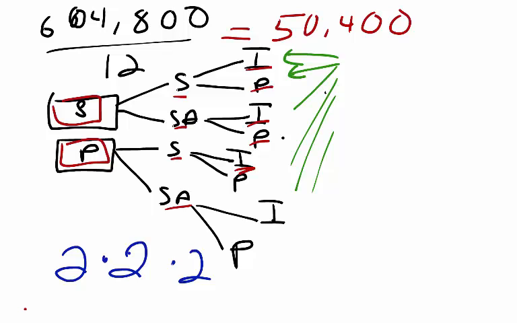What we do is we take the number of choices for entree, 2, times the number of choices for sides, 2, and then we multiply that again by 2 for the choices for dessert.